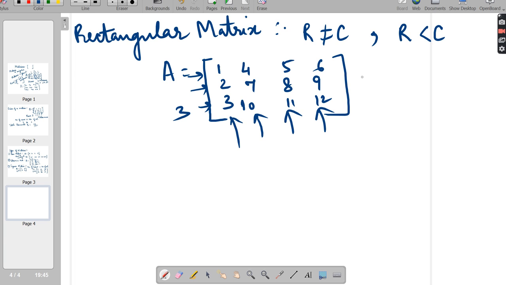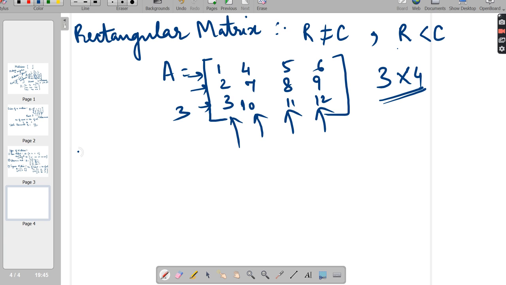So obviously, both the conditions are getting fulfilled. Number of rows is not equal to number of columns and number of rows is lesser than the number of columns. This is of the order of 3 by 4. Therefore, this type of matrix is called a rectangular matrix.